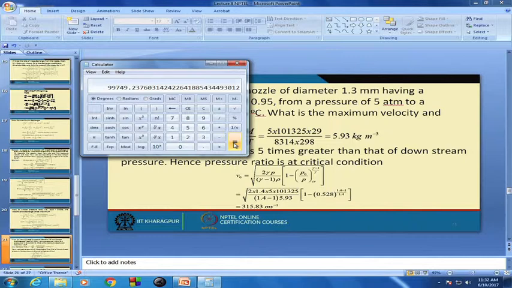Hope we have not done something wrong somewhere. So, let us redo that. 0.528 to the power (1.4 minus 1), that is 0.4, divided by 1.4.